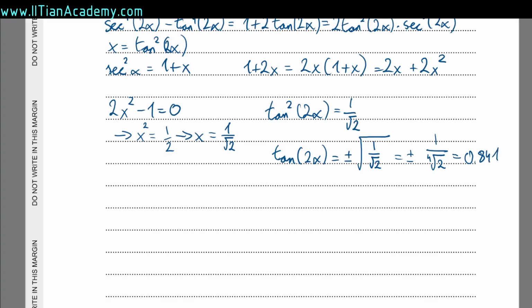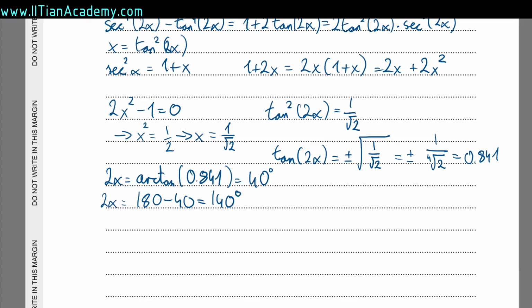We can just take the arc tangent of both sides, so we get 2 alpha is the arc tangent of 0.841. So this would be approximately 40 degrees. This would just be the positive solution. This is in quadrant 1. However, there's going to be an identical solution in quadrant 2 as well. So we can also say that 2 alpha is 180 minus this 40 degrees. This will be 140 degrees. That will give the same tangent for this angle.